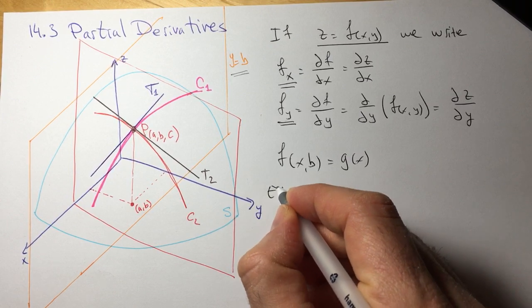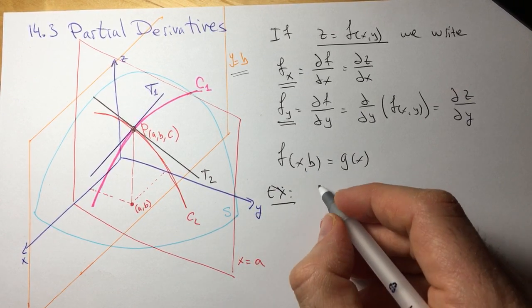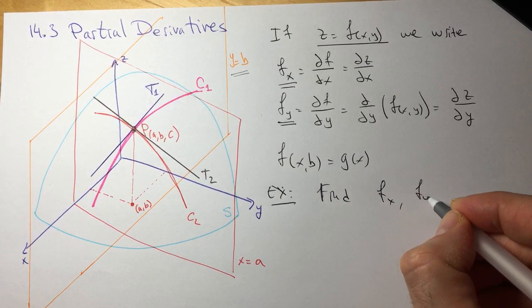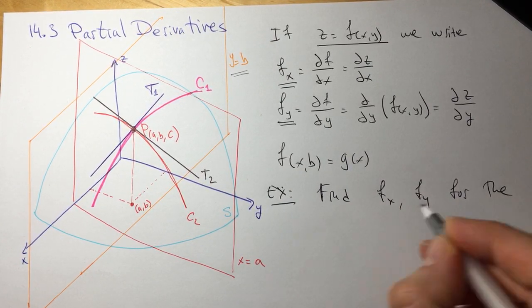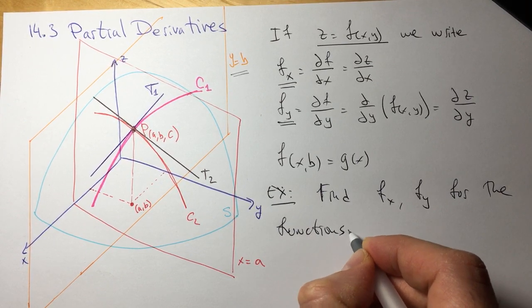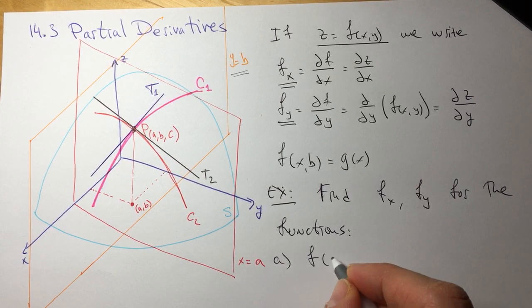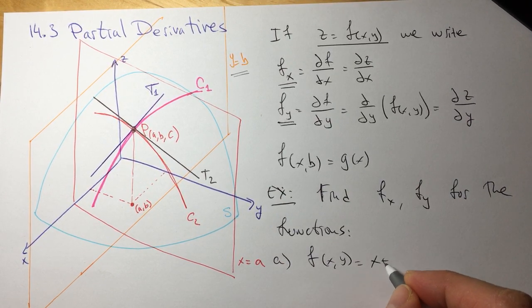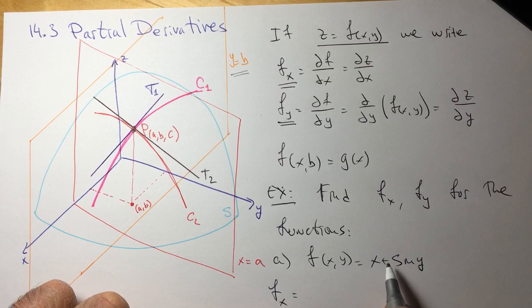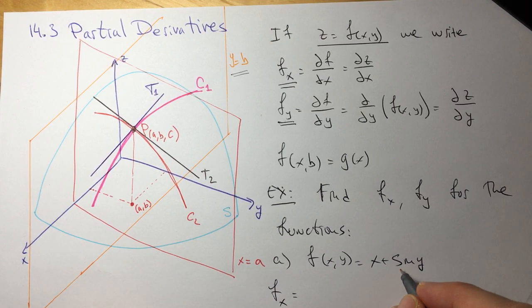So for example, find partial f partial x and partial f partial y for the function f of xy equal to x plus sine of y. Okay, so the partial derivative with respect to x is going to be what? So now I treat everything that depends on x as a function.